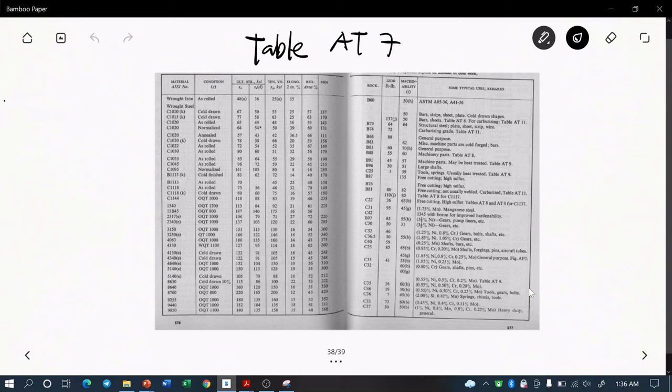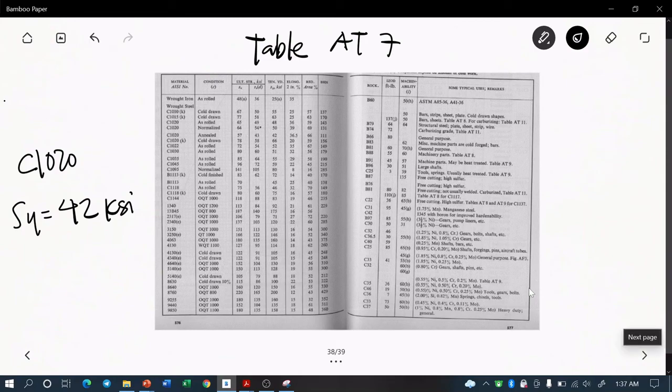The closest here in table 87 is C1020, which has a yield strength of 42 KSI. Okay, so now there's no other closer, lower than 42 but higher than 24. So there's no else.